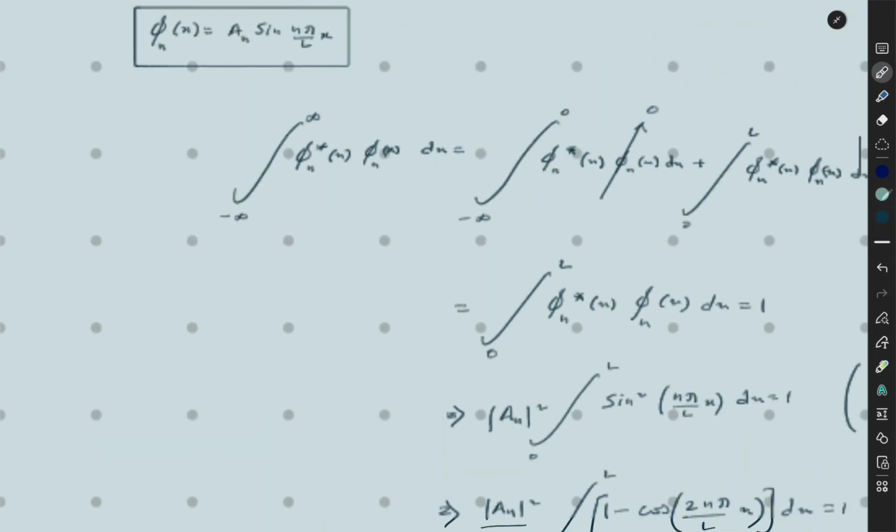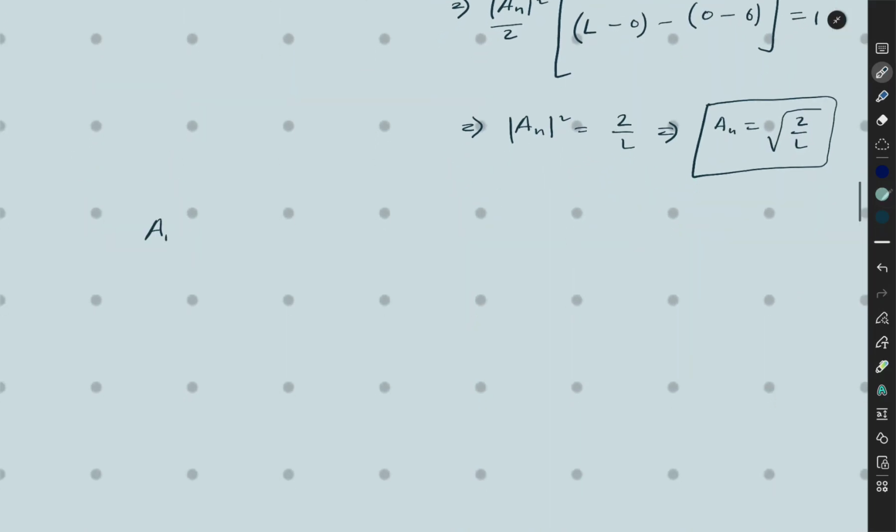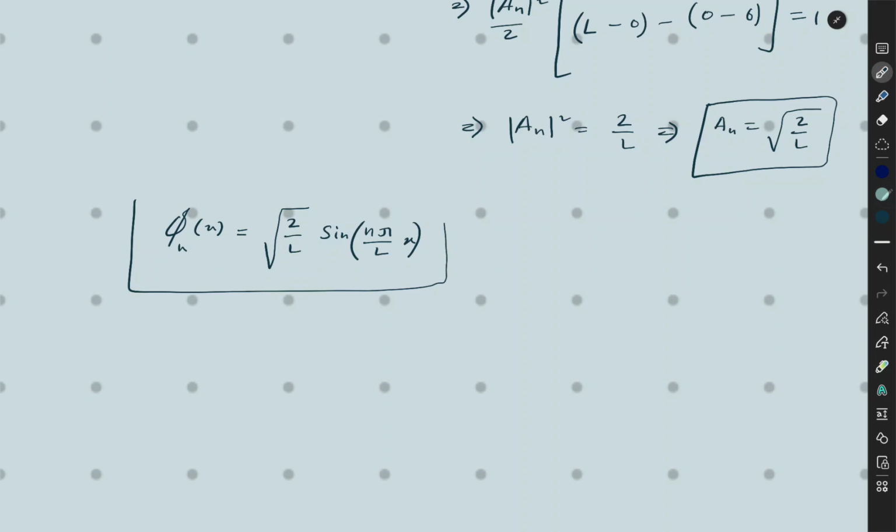So now we have got the value of our arbitrary constant, so we can write phi n of x equal to square root of 2 by L sine of n pi by L x, and this is an eigen function.